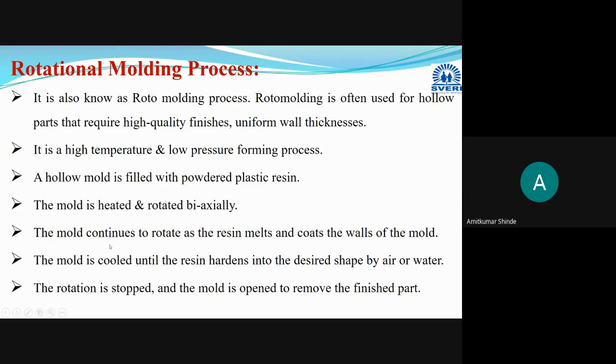In the third stage, the mold continues to rotate, and the resin powder particles, in softened or molten form, get attached to the walls of the mold. It coats the walls of the mold, forming a layer. Then the mold is cooled until the resin, which is your raw material, hardens into the desired shape.